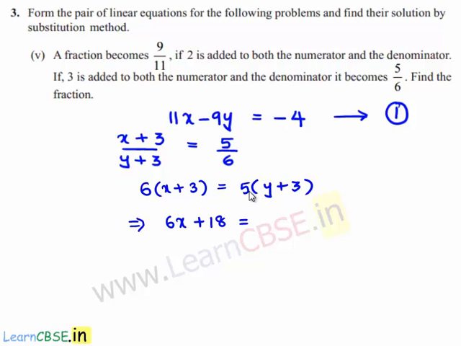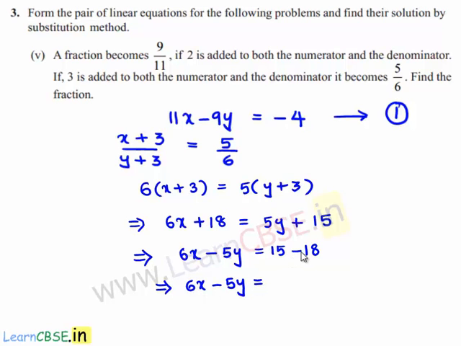This is equal to 5 times of y is 5y and 5 times of 3 is 15. That implies 6x, and transposing 5y to left hand side we get minus 5y, and transposing plus 18 to right hand side we get 15 minus 18. This implies 6x minus 5y is equal to 15 minus 18 is minus 3. Therefore, the second equation is 6x minus 5y is equal to minus 3.